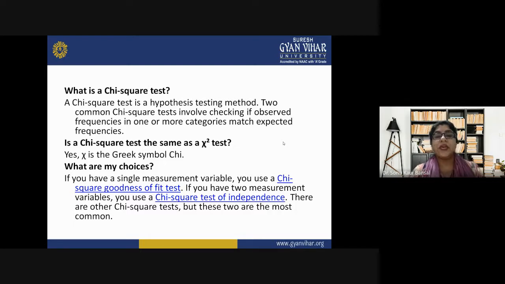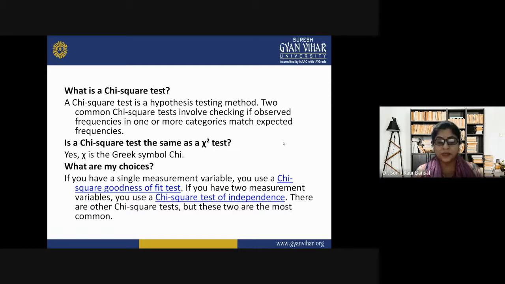If you have a single variable and you have to see the frequencies, then you will use this test. If you have two measurement variables, you use the chi-square test of independence. There are other chi-square tests, but these two are the most common.